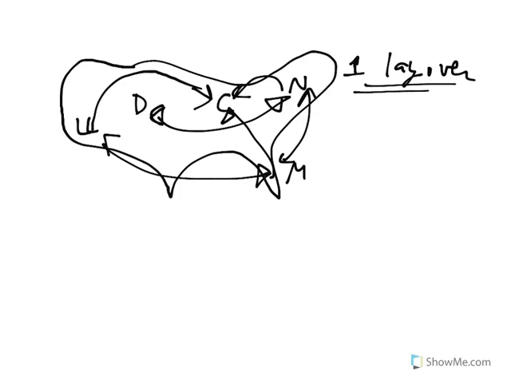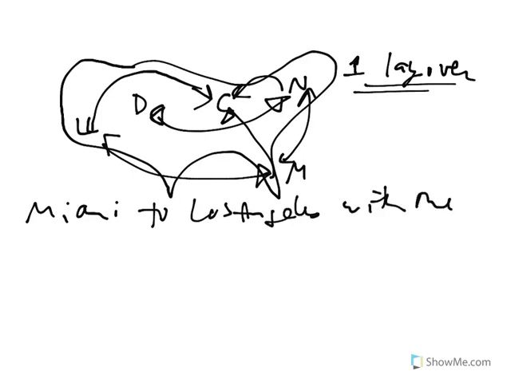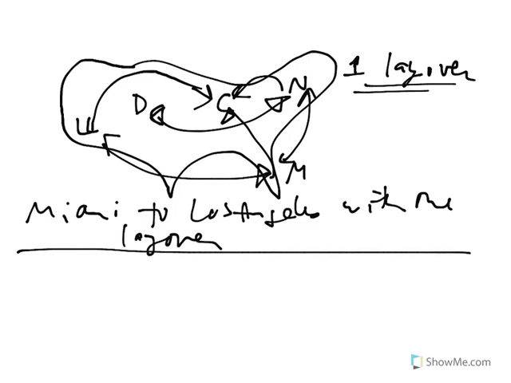Well, now if I made a list of all the ways of getting from Miami to Los Angeles with one layover. So even if there is a way to go straight, which there is, we're not allowed to go that way. We must use one layover.